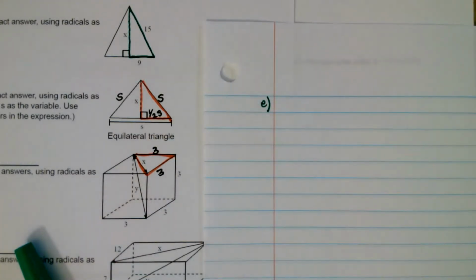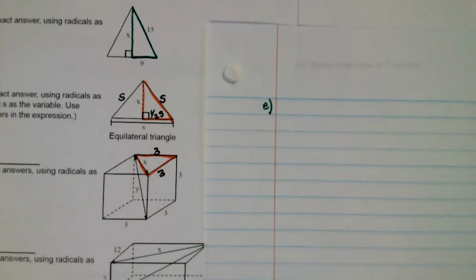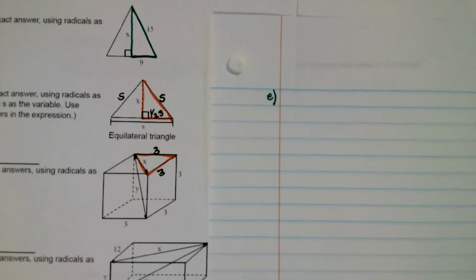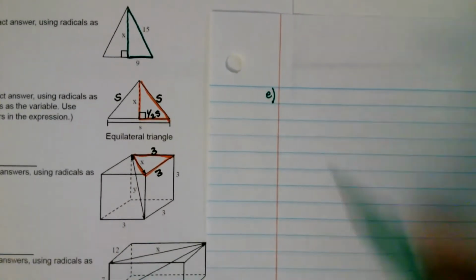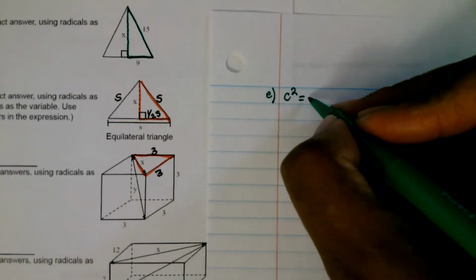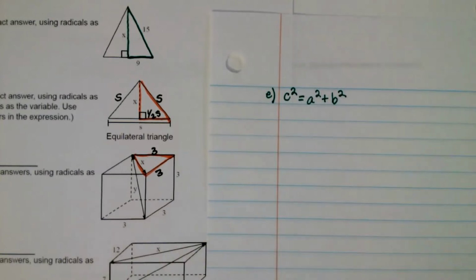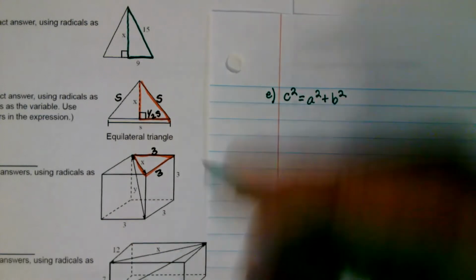And in this case, your x is your hypotenuse. So here we can find the hypotenuse, or x in this case, by using c squared is equal to a squared plus b squared. And then we just substitute the length of this side.